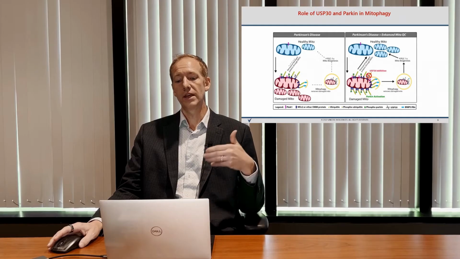So if you can increase the activity of Parkin, you can add those tags more quickly, clear those damaged mitochondria more quickly, and restore the homeostasis, bringing the cellular system back to health. USP30 is the deubiquitinating enzyme that chops those tags off. For every process within the cell, there's a yin and a yang.